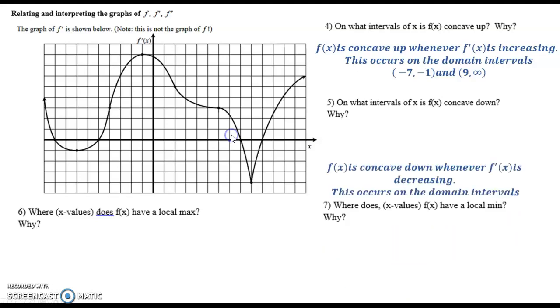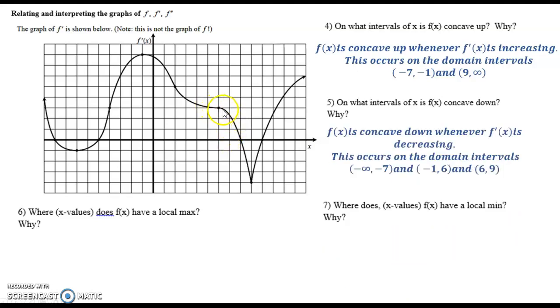Here we go. So we would go down again. So the derivative is decreasing till here, and then decreasing again. Now, if you had stopped at 6, I would have said that was okay. But for the most part, we have to remember when the curve levels off a little bit, we're neither increasing nor decreasing at that point. So we'd say decreasing till 6 and then decreasing again from 6 to 9.